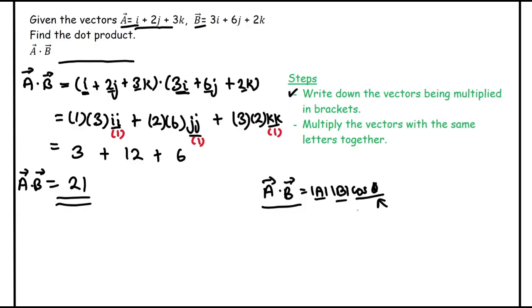If we make cos theta the subject here, we'd have to divide both sides by the magnitude of A times B, making it cos theta is equal to the dot product divided by the magnitude of A times the magnitude of B. That's how you would find theta. In fact, let's try it just so we can see how to find theta. We already have the dot product A times B, which is 21. Let's find the magnitude of A and the magnitude of B to see the angle which we will get.